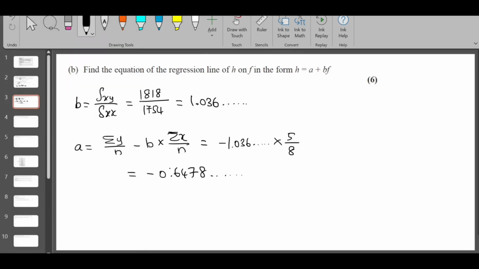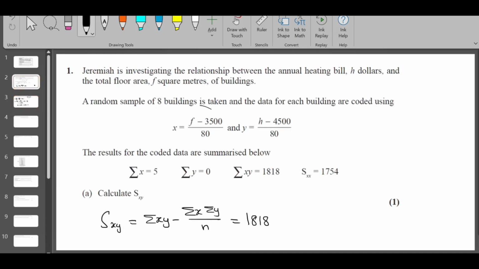Okay. Now take the values to 3 significant figures. The equation of the regression line y is equal to A plus Bx, that is minus 0.6478 dot dot dot plus B x. But they want the equation of the regression line of H on F. So that's when we are going to use this coding given. Replace x by this, y by this.